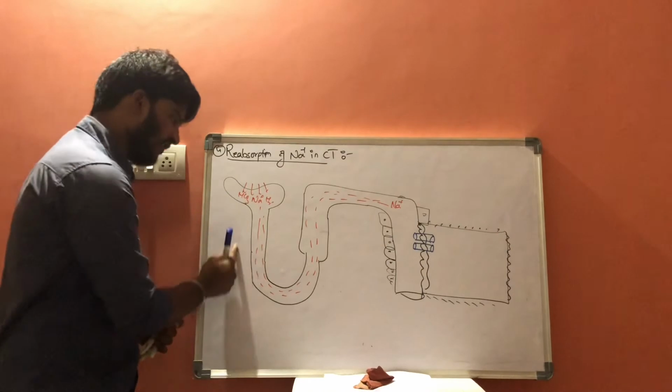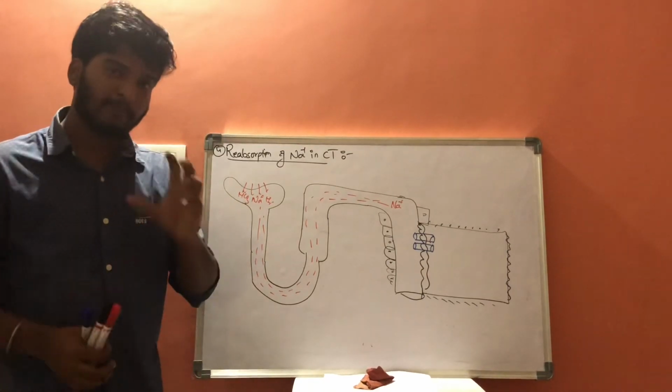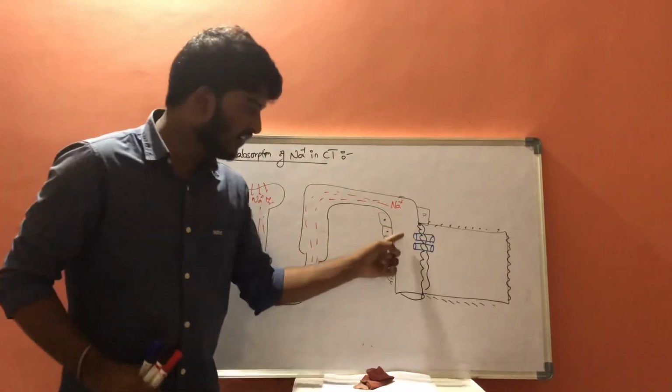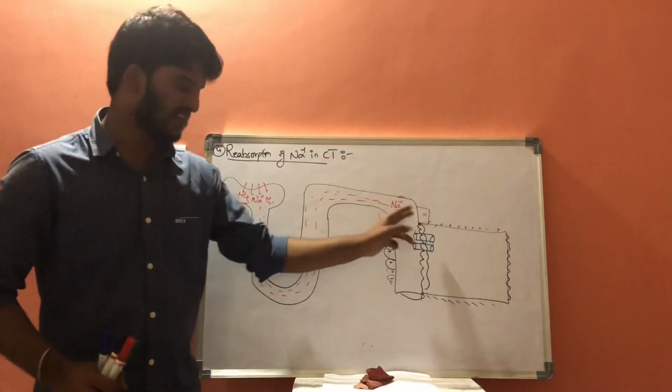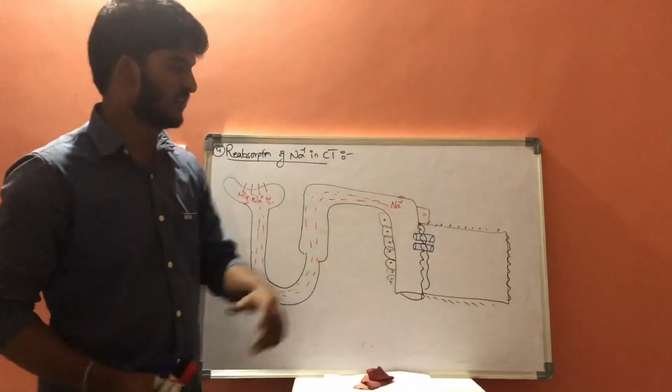Whatever receptor proteins are present at the PCT, loop of Henle, and DCT are not channels, but these are sodium channels. These are not voltage-gated channels. These are specialized channels present only at the collecting tubules.